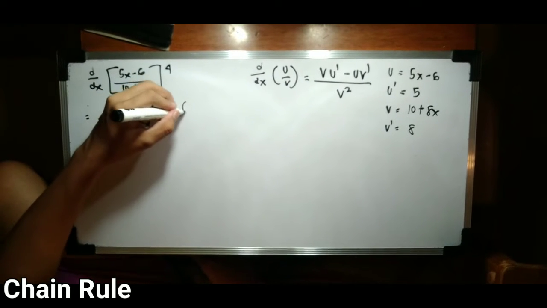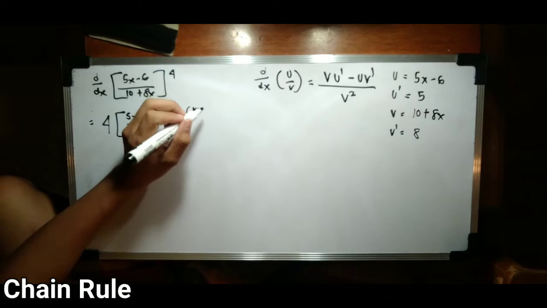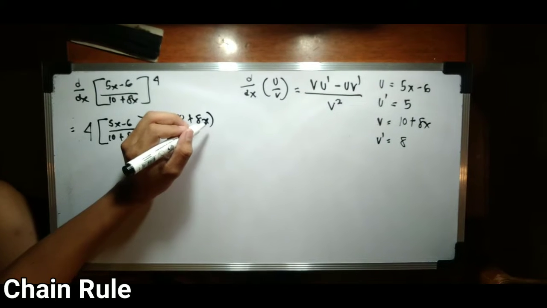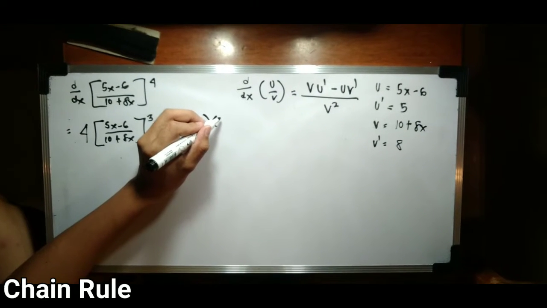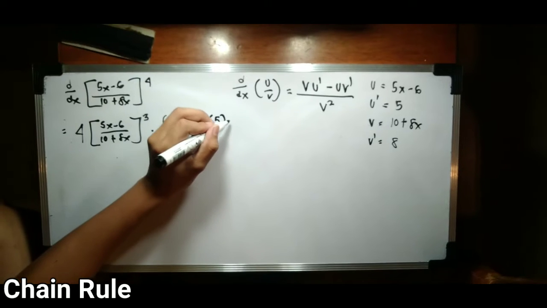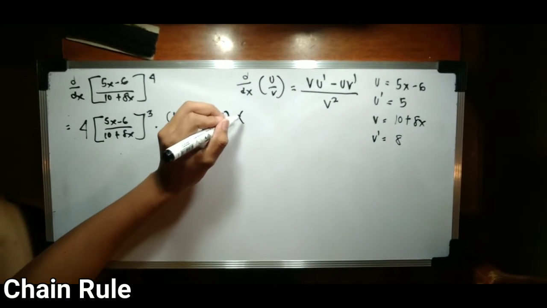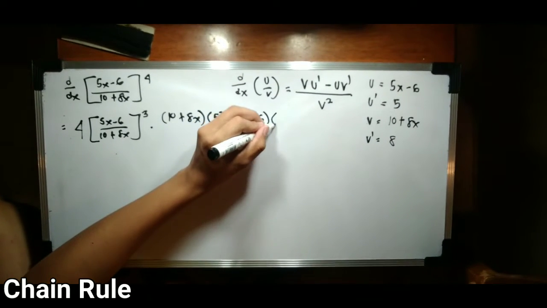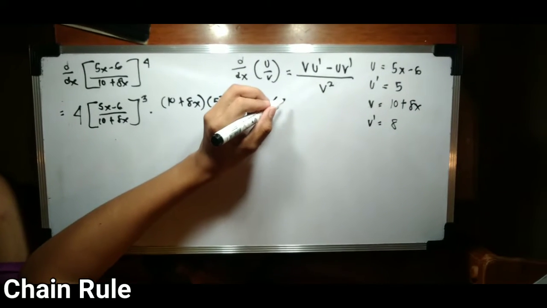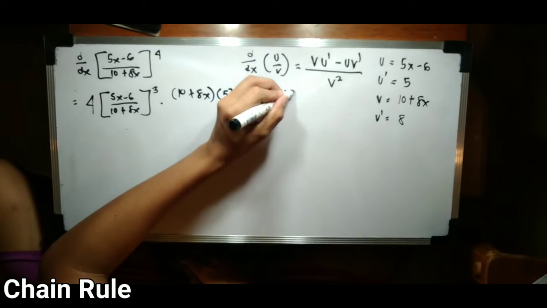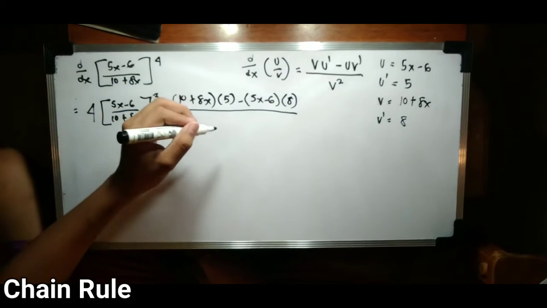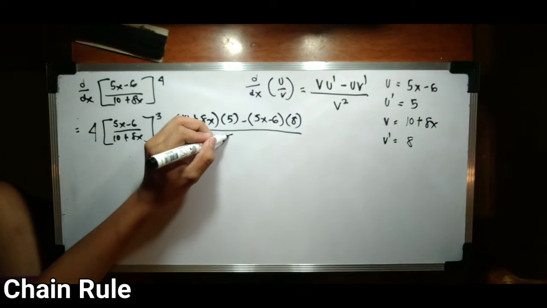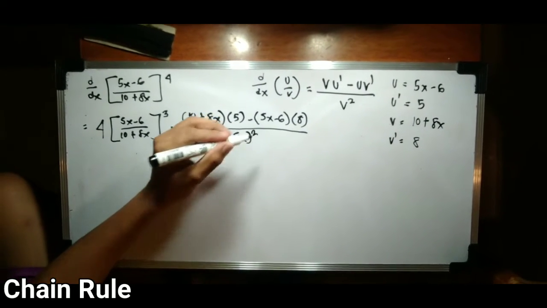Our v is 10 plus 8x times the u prime which is 5, subtracted by the u value which is 5x minus 6 times the v prime which is 8, all over v squared which is 10 plus 8x squared.